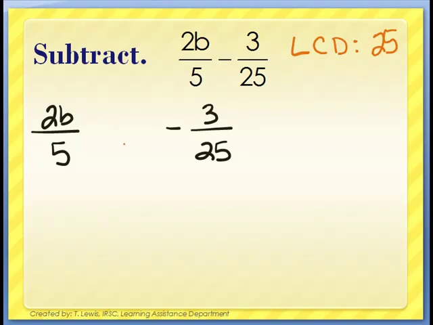So we're going to convert the first fraction because it's not in 25ths. So we're going to multiply 2b over 5 by 5. So your denominator is in 25ths. So your numerator, 5 times 2b, we have 10b.